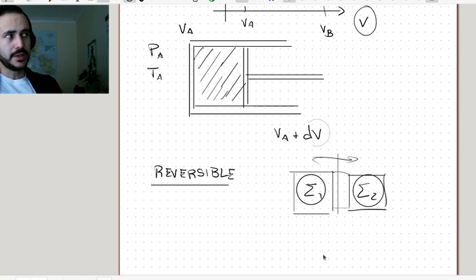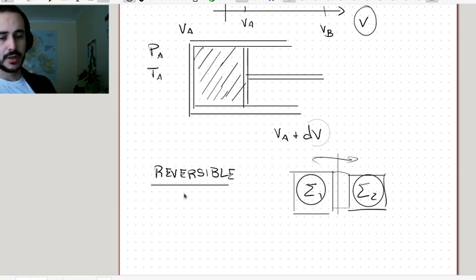If anything changes when I close the cycle, then it is not a reversible process. It could be a cyclic process, it could be a quasi-static process, but it's not reversible. Okay? So the system and its environment and any other system in contact with it should go back to where they were in the beginning. Otherwise, it's not reversible.